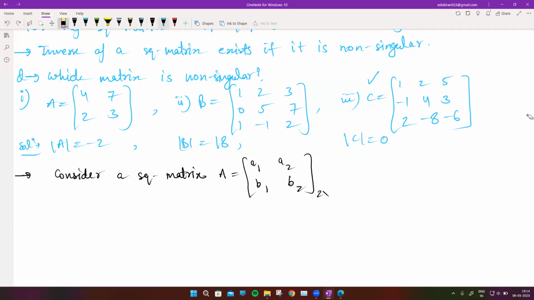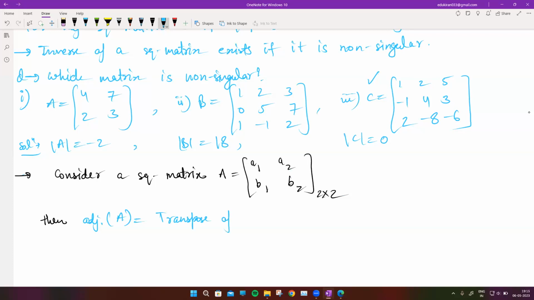So let's start from here. We have this square matrix A1, A2, B1, B2. Then its adjoint will be defined in the similar way for every matrix. The adjoint of A will be the transpose of the cofactor matrix. We know about transpose, right?